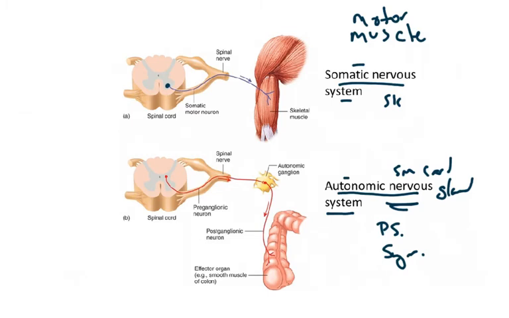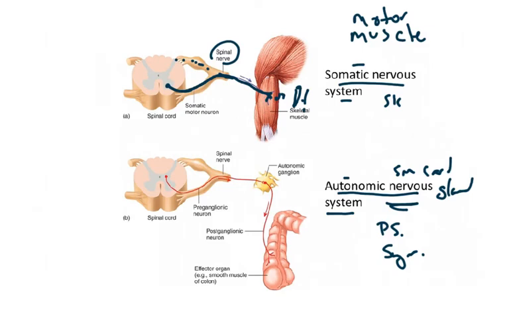And the axon exits the spinal cord via what's called the motor root, and then joins with axons from the sensory side of things inside what's called the spinal nerve. And then we talked about how the spinal nerve may or may not mix with other axons within the plexuses, and we talked about that more so in lab. But then eventually the axon will reach a skeletal muscle and release neurotransmitters that cause the skeletal muscle to contract.